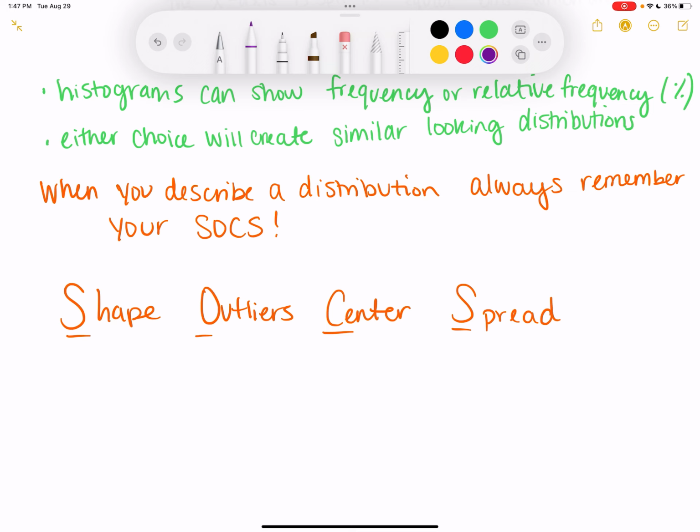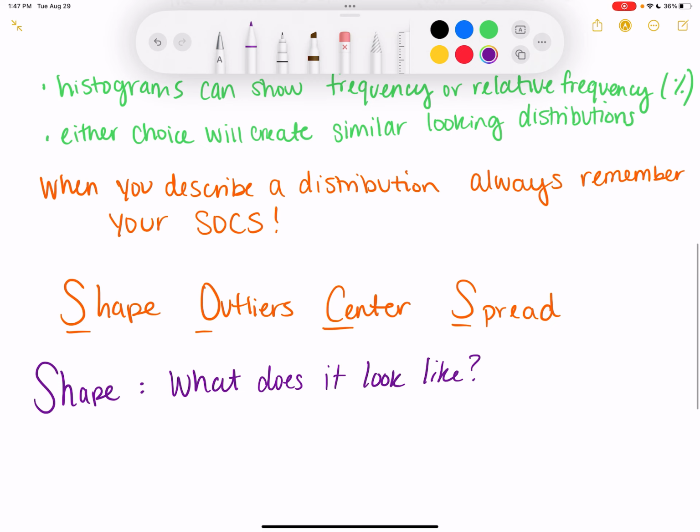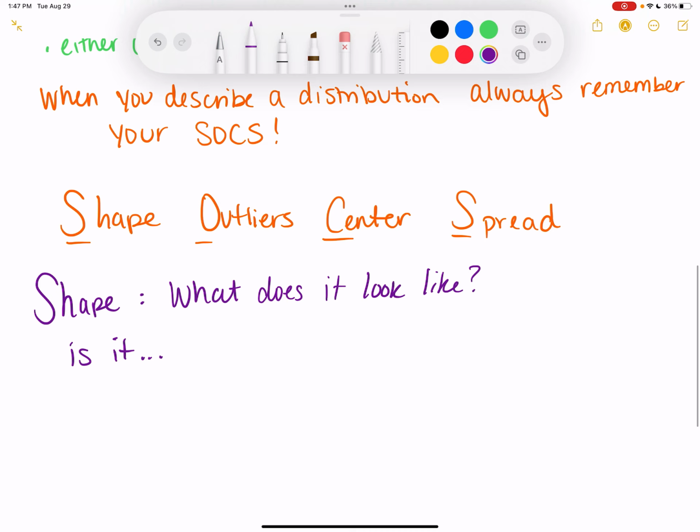All right, we're going to start with shape. I'm going to go ahead and set up 4 little mini graphs, and then I'm going to draw on them and then I'll write the name of each one.